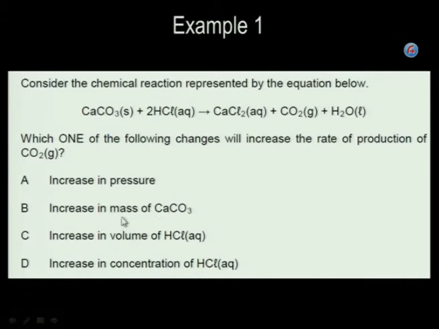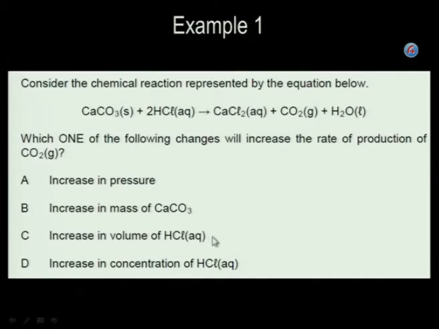An increase in the mass of calcium carbonate, that would also not have an effect, except if they increase the surface area. But that means that they have to grind the calcium carbonate. An increase in the volume of hydrogen chloride, that would also not increase the reaction rate.